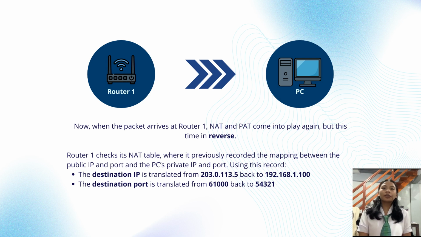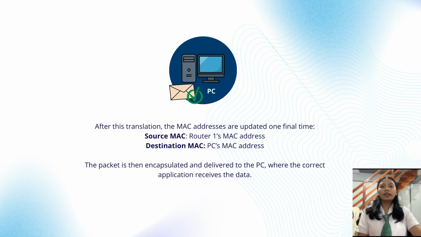Using this record, the destination IP is translated from 203.0.113.5 back to 192.168.1.100 and the destination port is translated from 61000 back to 54321.